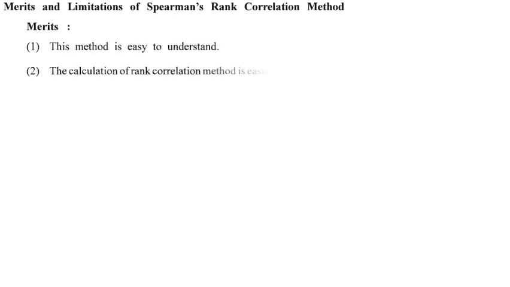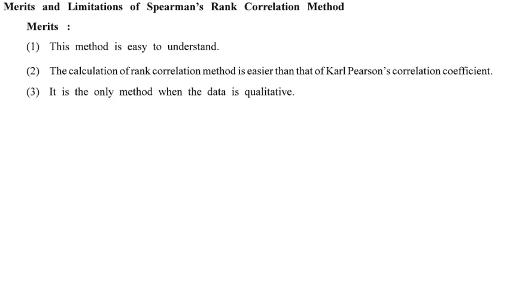The last theory portion for this, we will check it out, the merits and the limitations of Spearman's rank correlation method. The merits for this method: the first one, that it is easy to understand. The second, that the calculation is easier than the Karl Pearson's method. The third one, that it is the only method which can be used for qualitative data.